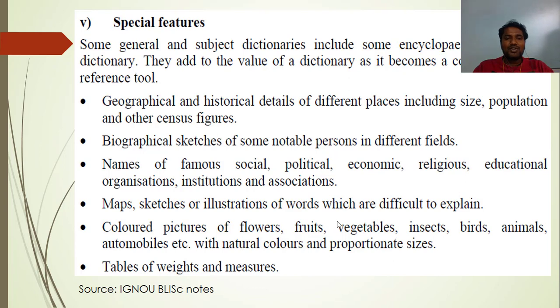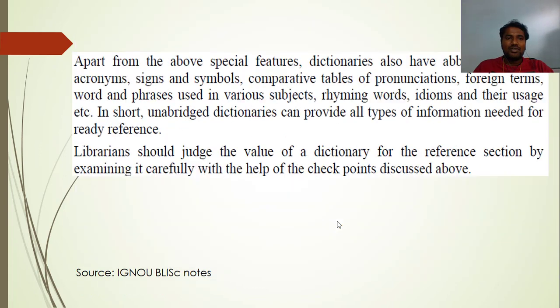Maps, sketches, or illustrations of the words which are difficult to explain. Colored pictures of flowers, fruits, vegetables, insects, birds, animals, automobiles, etc., with natural color and appropriate size. The table of weights and measures.